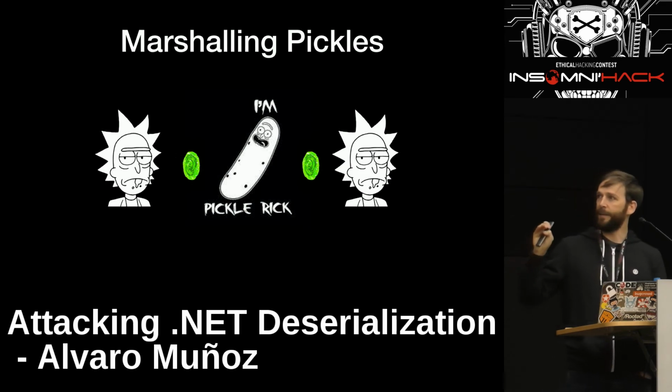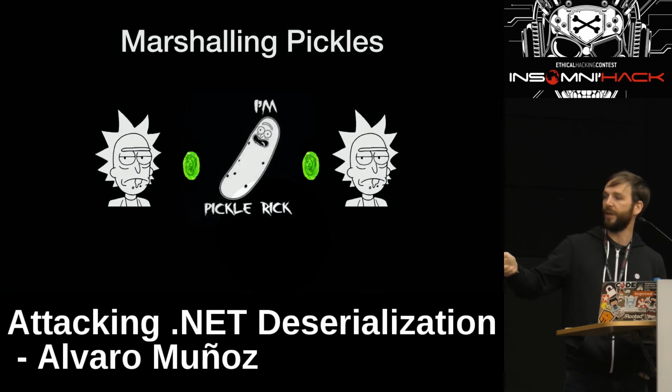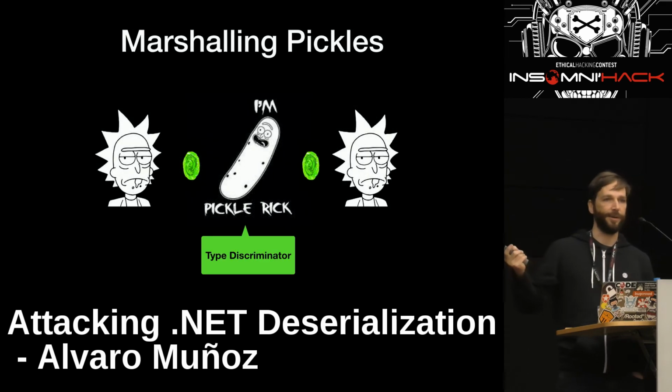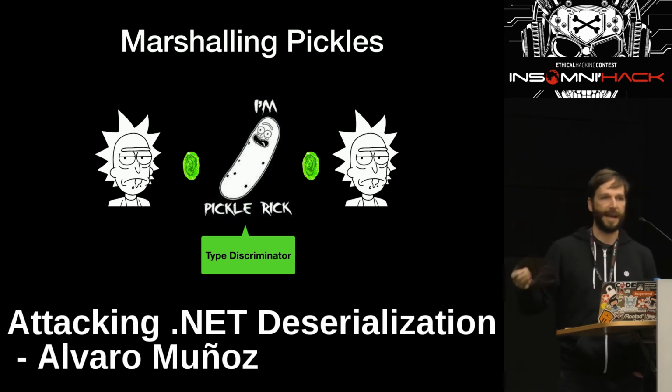The thing that is key for deserialization attacks here is that we are not sending just the pickle, but we are also sending this Pickle Rick, right? And this is called the type discriminator. The type discriminator is nothing else than the class name or the type name that you are sending along with the data.